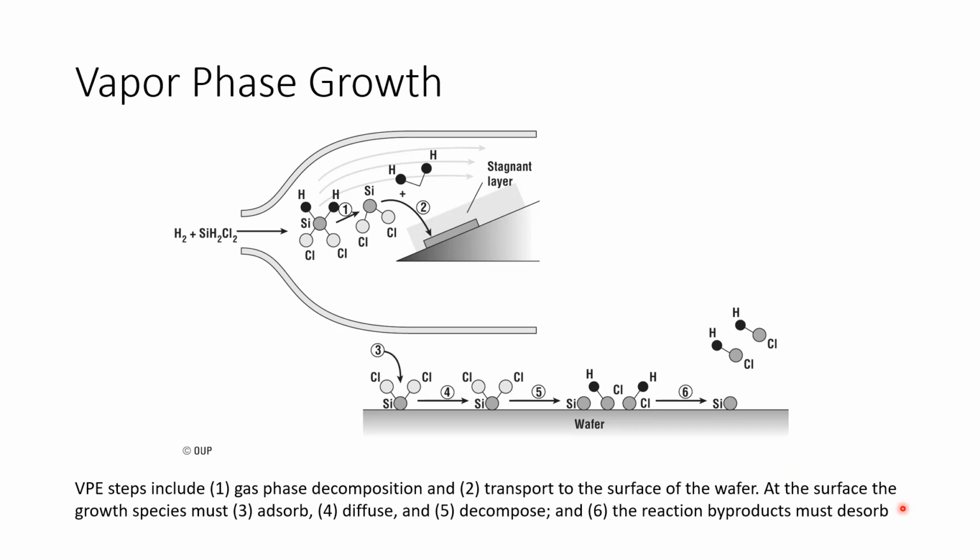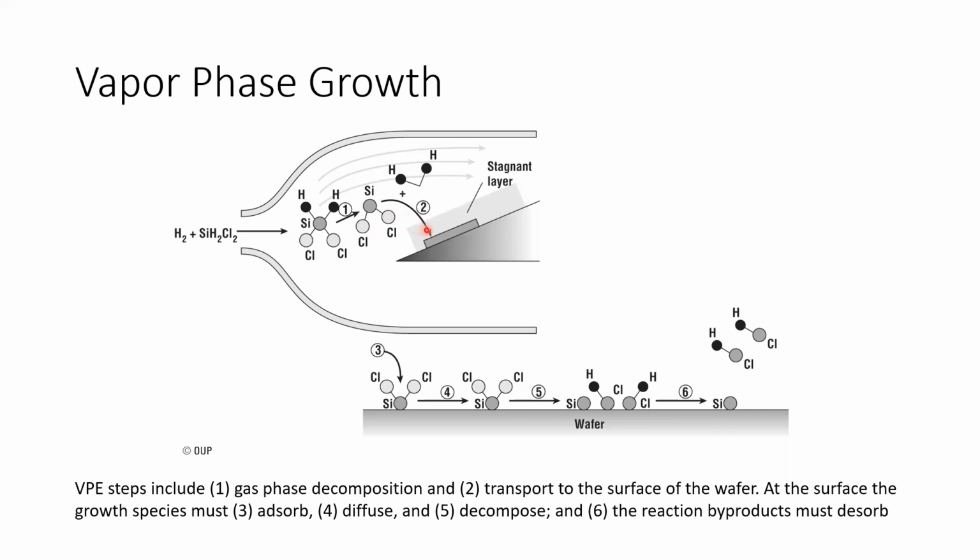Actually, in the VPE process there are a lot of chemical reactions happening, so we need to consider this detailed chemical reaction to get a better analysis of the full process. Similar to APCVD, it's basically a thermal CVD process. First, the precursor gas is introduced into the chamber and decomposed, and then transported to the surface of the wafer.